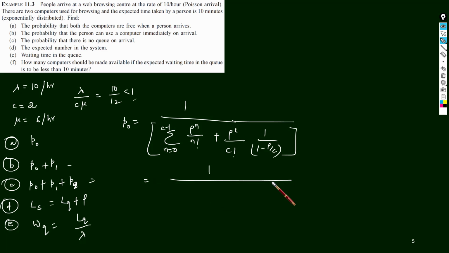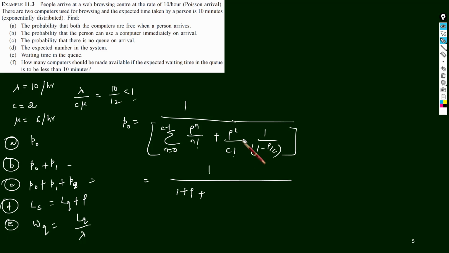Here n is equal to 0 to c minus 1, so we go up to n equal to 0 to 1. When n is equal to 0, this will be 1. When n is equal to 1, it is rho only.